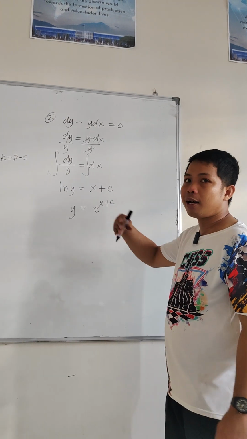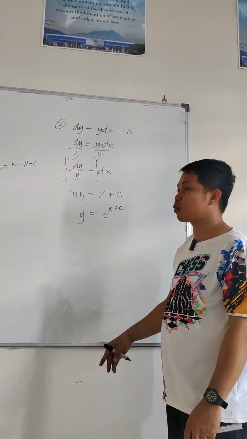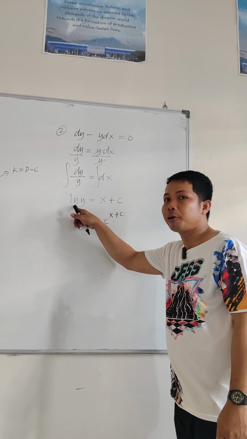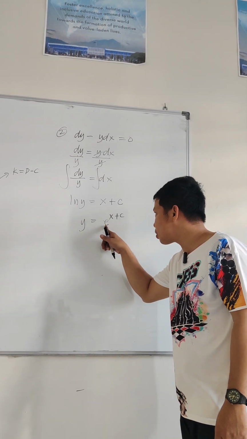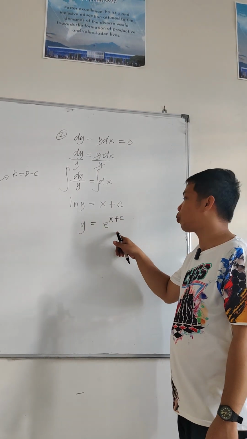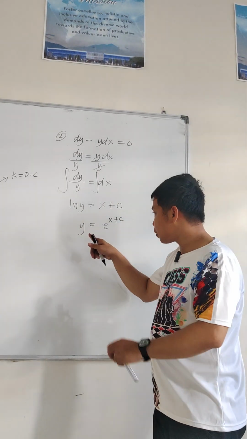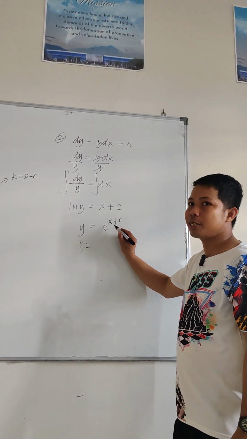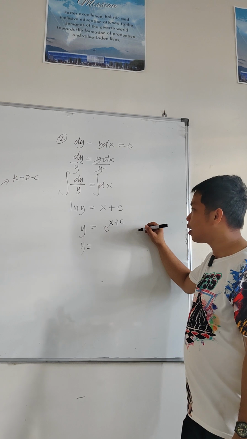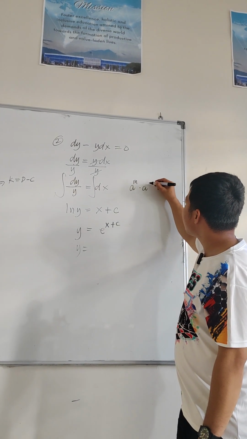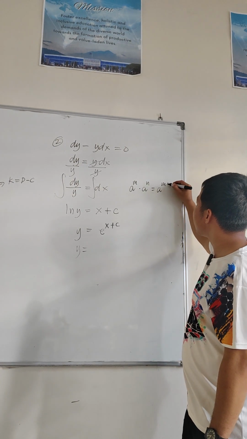Kapag tinransform mo siya sa exponential, ang ln is a logarithm to the base e, kaya ang base natin is e. And then itong equation, equals na to na sa right side, yan yung exponent. So we have y is equal to e raised to x plus c. Law of exponent, di ba? a raised to m times a raised to n is equal to a raised to m plus n.